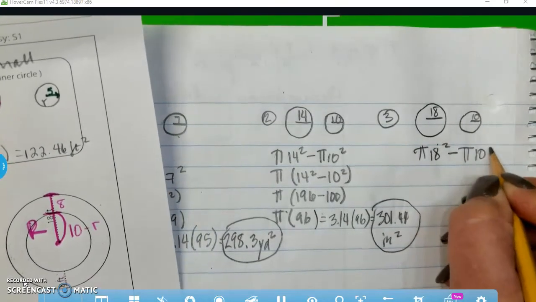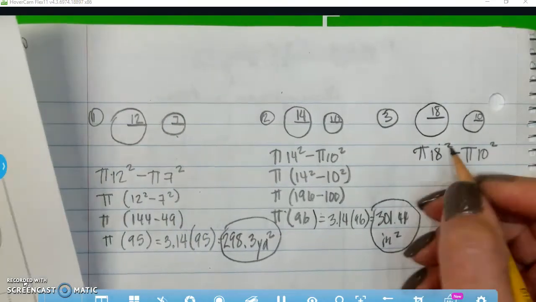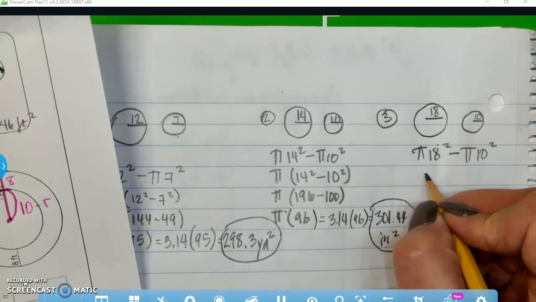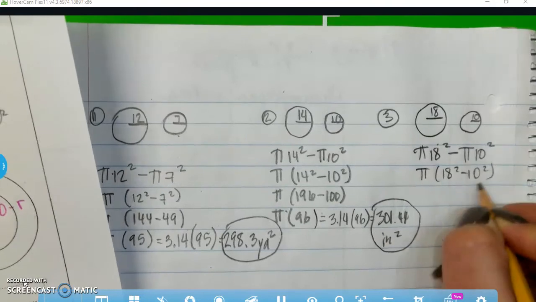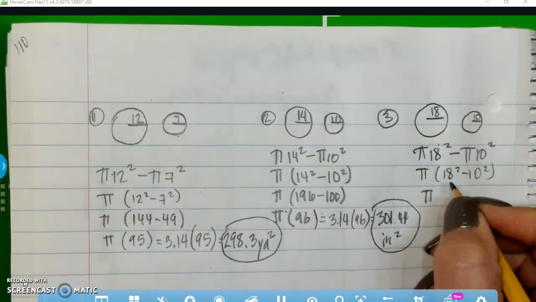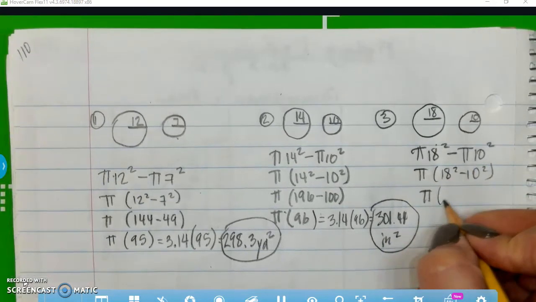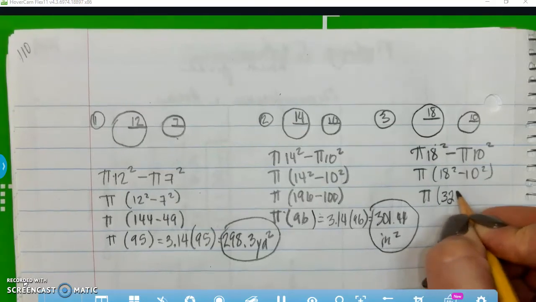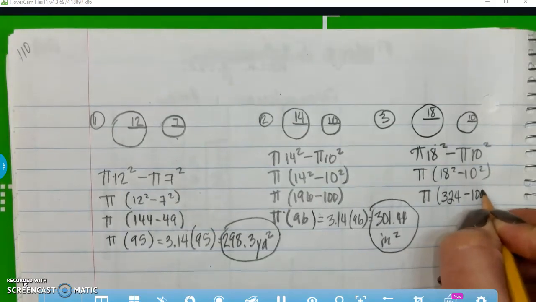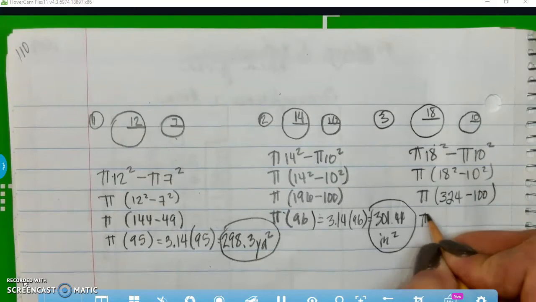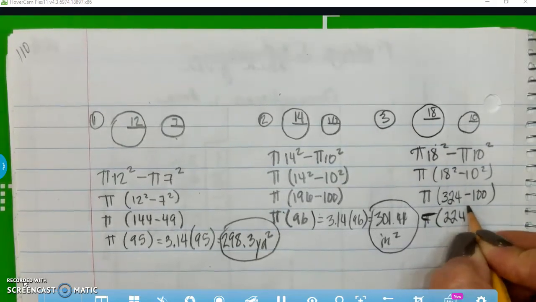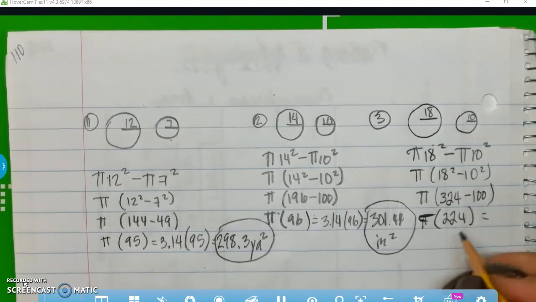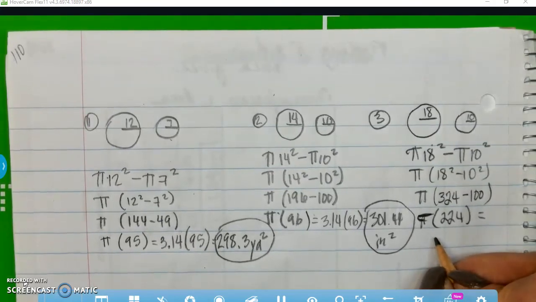The most time should be taken breaking down and labeling your measurements. 18 squared, 10 squared, pi times 324 minus 100. Pi times 224, a little squeezing a little bit of space here.